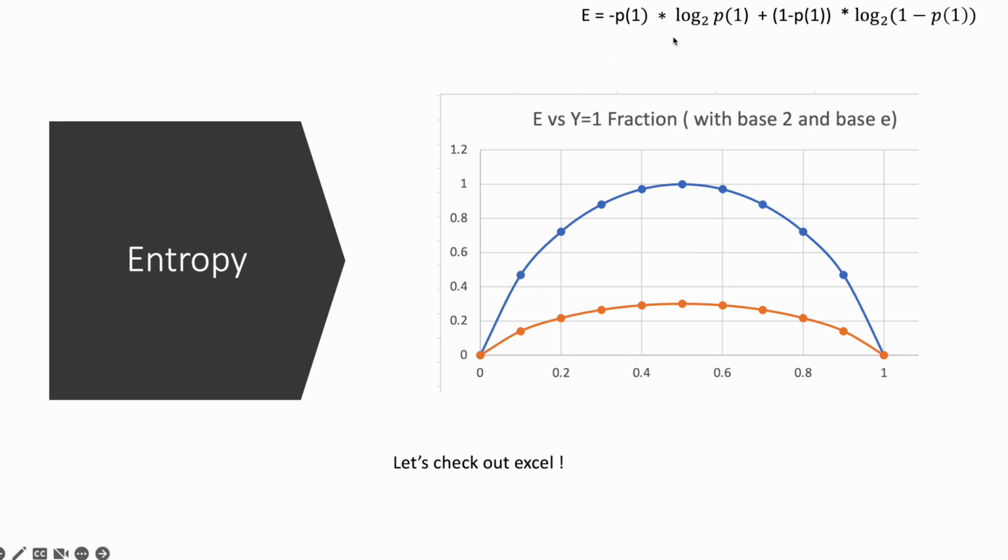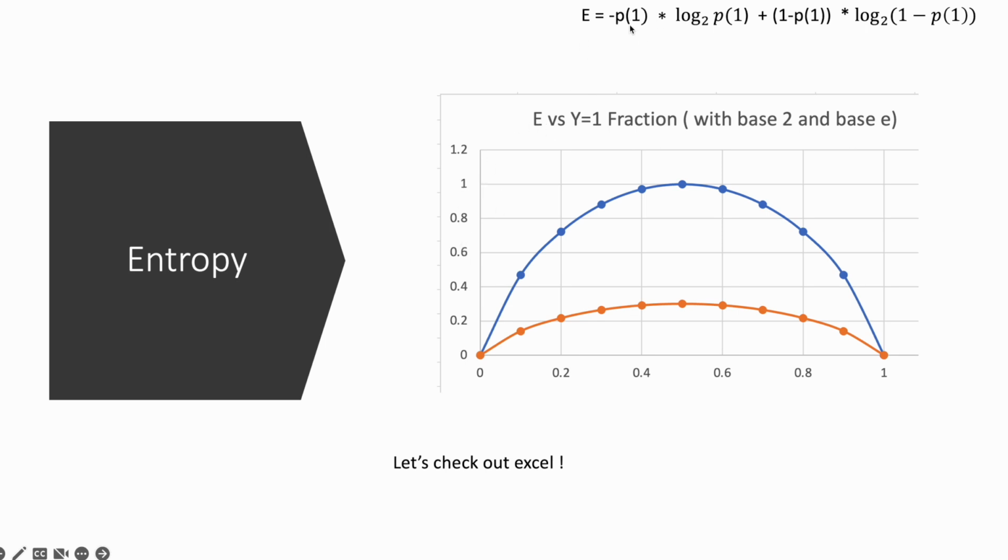So, what I'm doing over here is I have plotted 2 graphs, okay? This is the formula of E, right? On the x-axis is the probability P1, and on the y-axis is my E, or entropy.